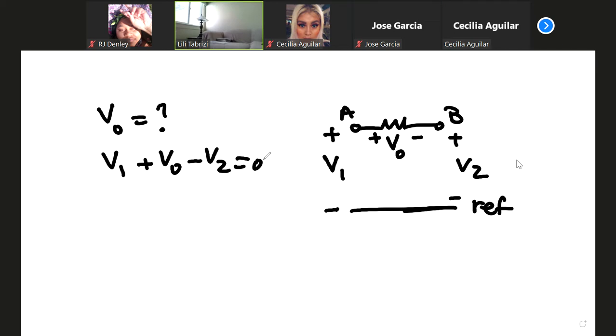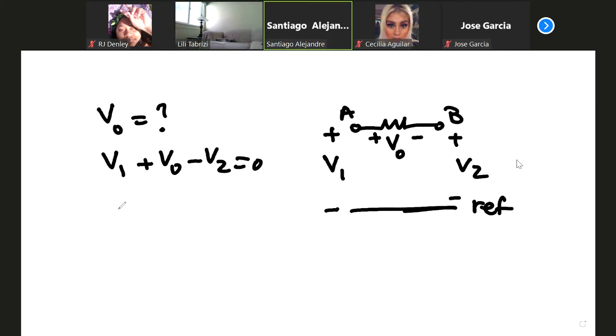Okay, Alejandro, do you agree with this? It would be V1 plus V2. Then what about V0?